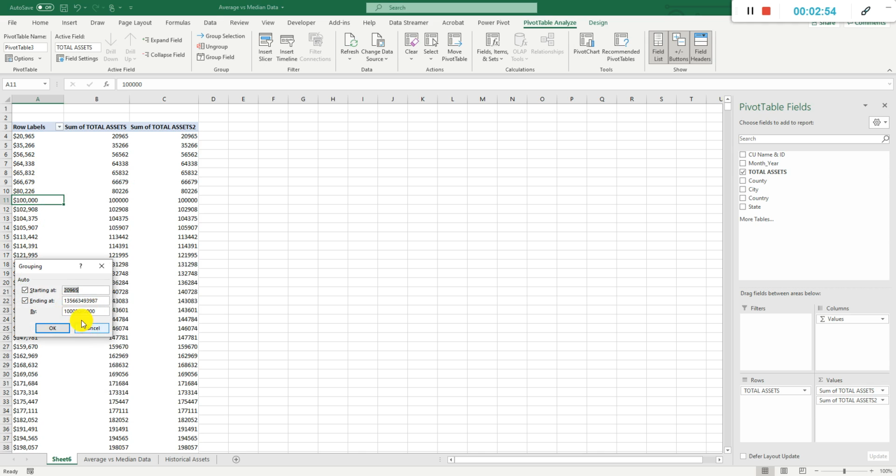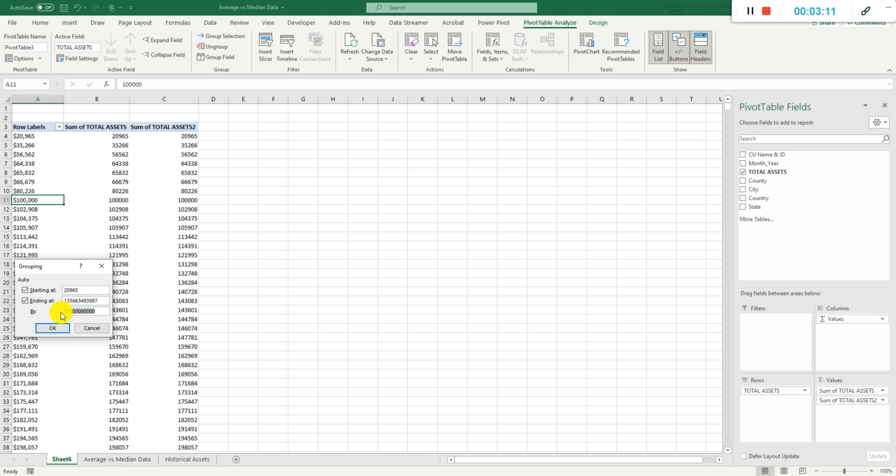Let's group. Okay, as you can see, it starts at 20,000 and ends at 135 billions. This is our number for the smallest credit union and our number for the credit union with the highest assets.